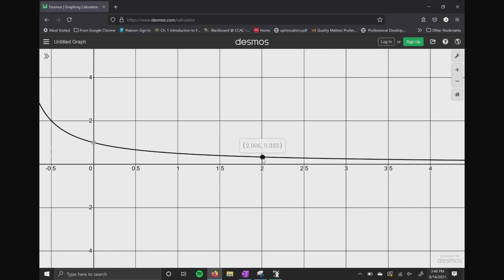However, if I move my mouse just ever so slightly, oh man, you don't understand how hard this is. Come on, one more try. There it is. Nailed it. 2 comma undefined. That's because we have 0 divided by 0.